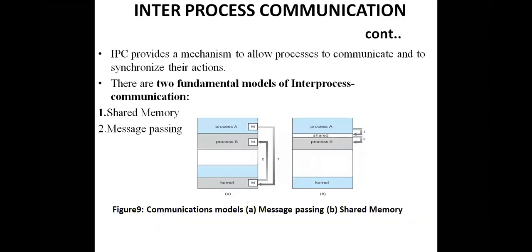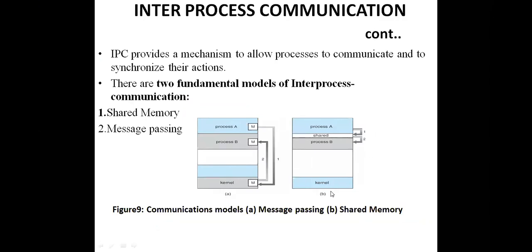In message passing, process A is sending a message to the kernel, and from the kernel the message is transferred to process B. That means kernel involvement is there. Because of that reason, message passing is slow when compared to shared memory.